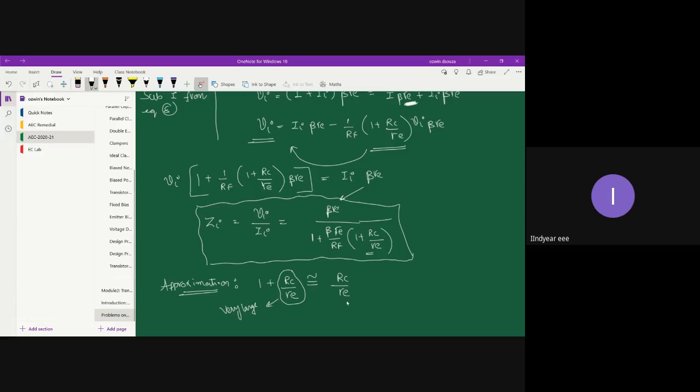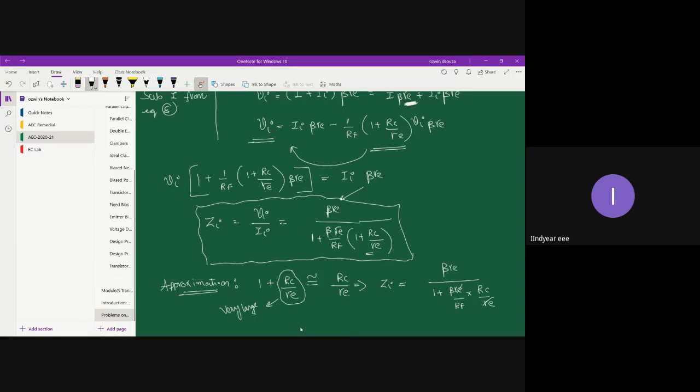Taking that into consideration, your input impedance Zi becomes beta re divided by 1 plus beta re divided by Rf into Rc by Re. So Re gets cancelled.